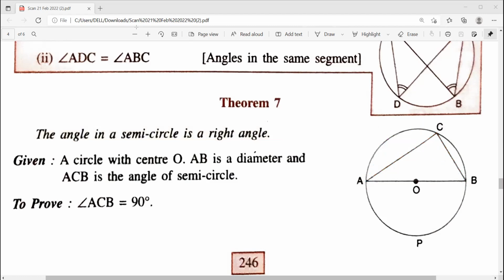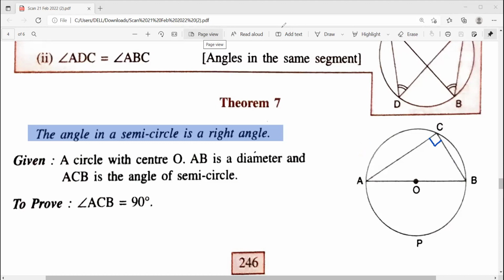Please write this statement and make a note of it: angle in a semicircle is a right angle. Draw this diagram and mark 90 degrees here. Fine, you can do this.